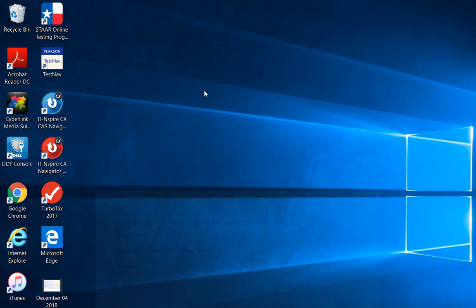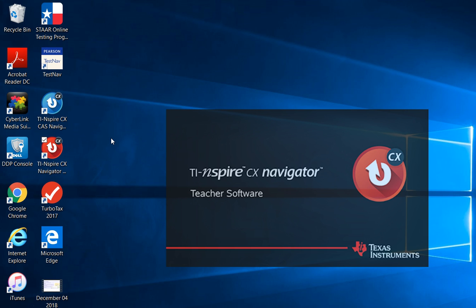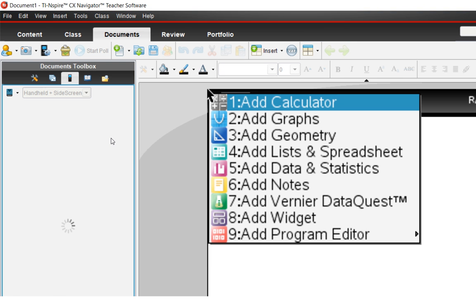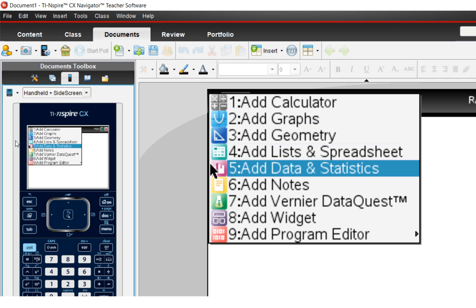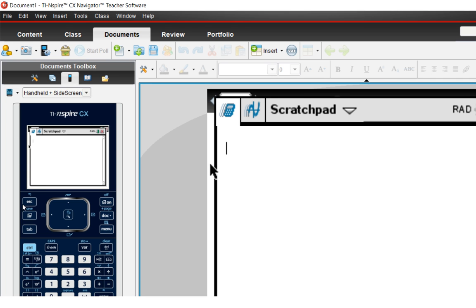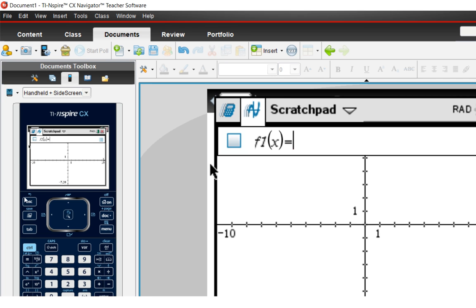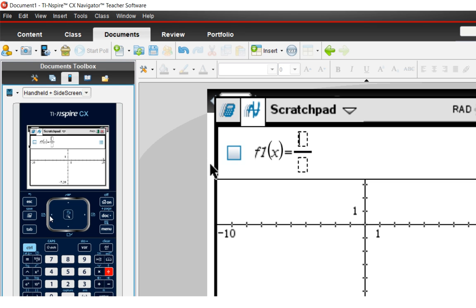So go ahead and go to a graph page. And do control divide for a fraction, 1 on top, and x minus 4 in the denominator.